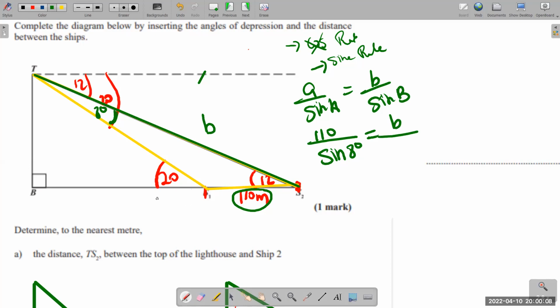They didn't give it to us, but can we find it? What do we use to find angle B? This is angle B here. Remember, it's opposite. How do we find angle B? Look at what is next to it.